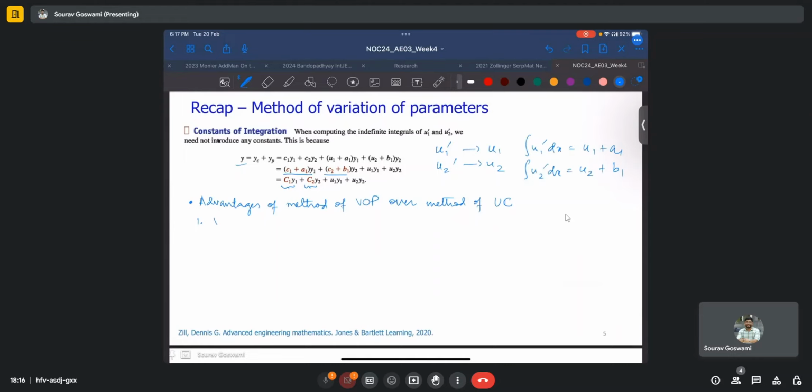So one is that the method of variation of parameters always, and that is a strong word, yields a particular solution yp.